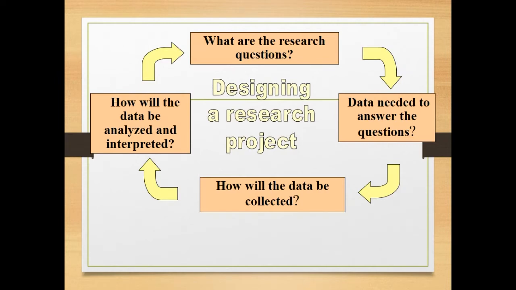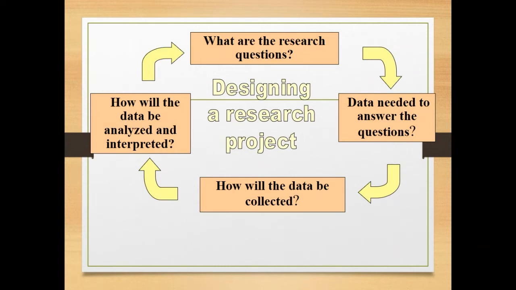So if you say you want to determine, see the word determine means you want to know. The word determine is an action word. It moves you to do certain things. And then what follows will be decided on, is this determination going to be conducted qualitatively or quantitatively?